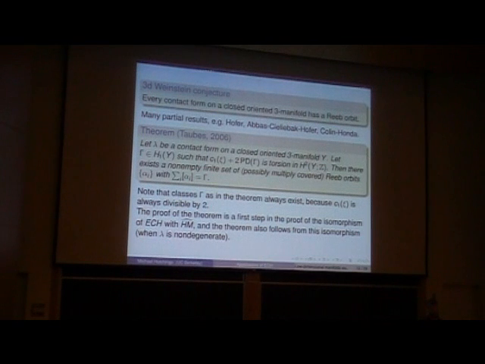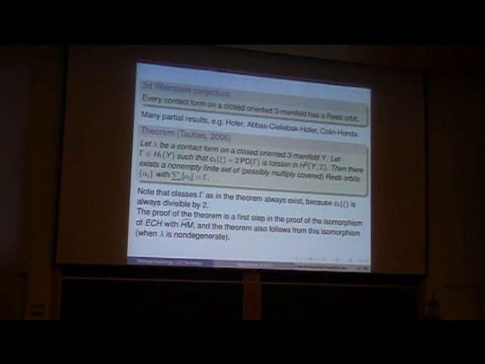Abbas, Cieliebak, Hofer proved that if the contact manifold has a planar open book, then there is a collection of Reeb orbits whose sum is null-homologous. And Colin and Honda proved that for certain pseudo-Anosov open books, there are in fact infinitely many Reeb orbits.